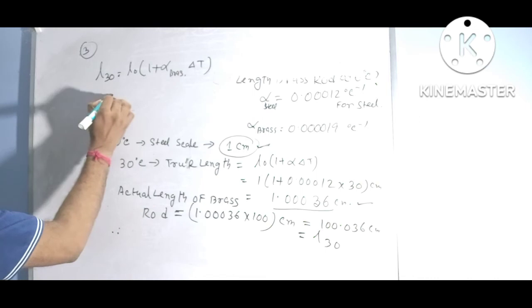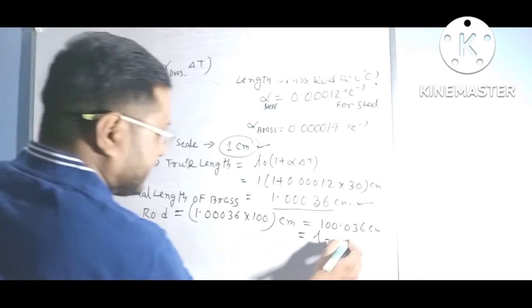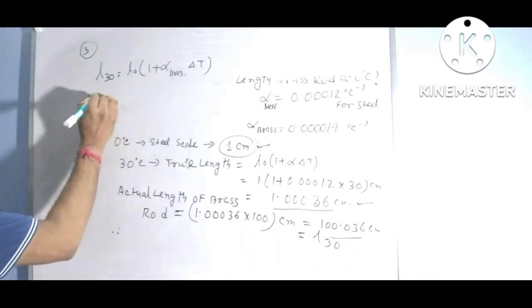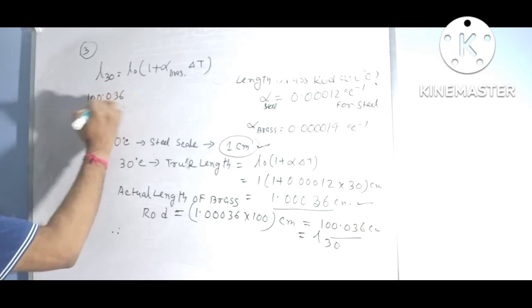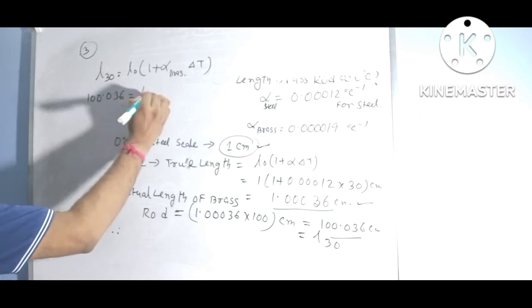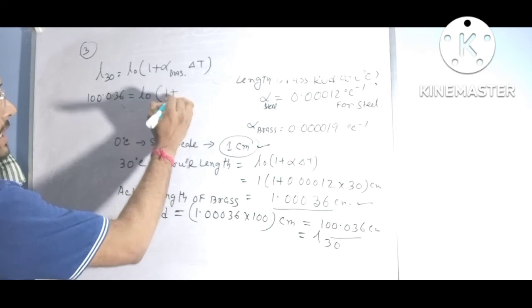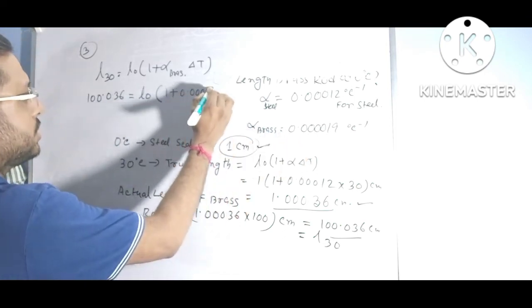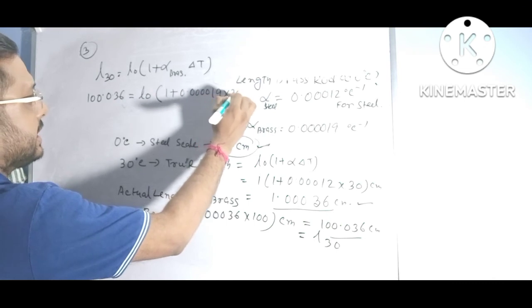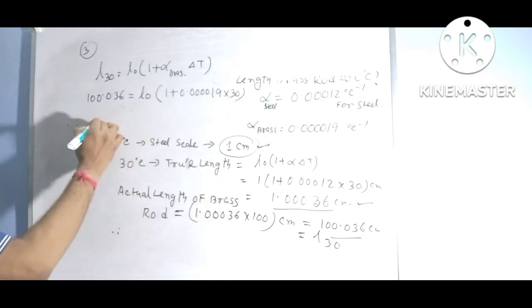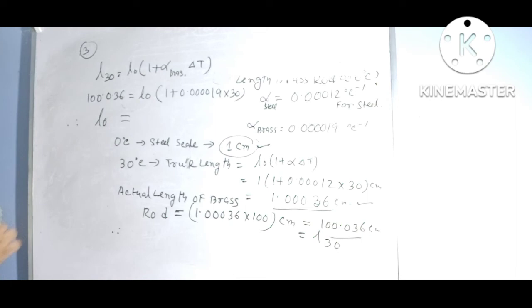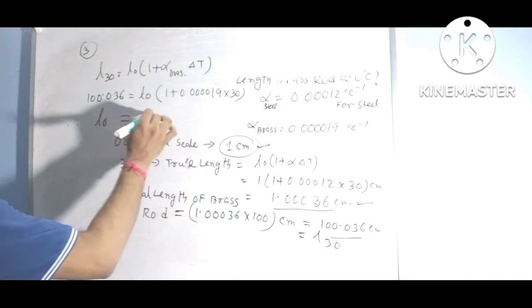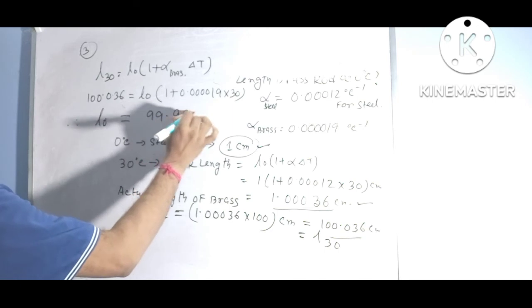So L30 is 100.036, equal to L0, हमको फाइंड आउट करना है, 1 प्लस अल्फा, अल्फा ऑफ ब्रास इज गिवन बाय 0.000019 into delta t, which is 30. So if we calculate it, we get the length of brass rod at 0 degree centigrade as 99.98 cm.